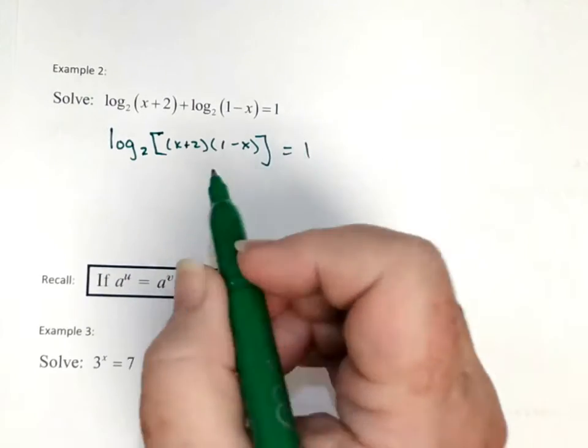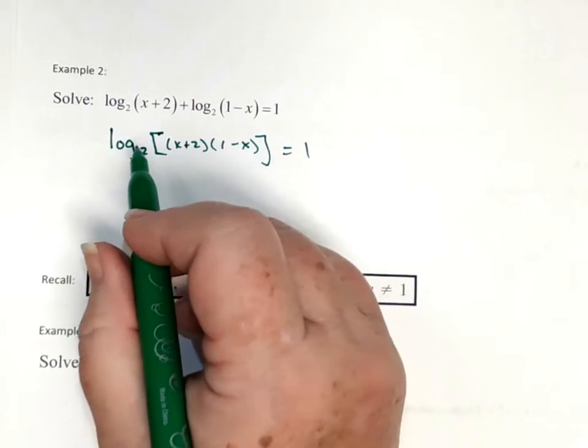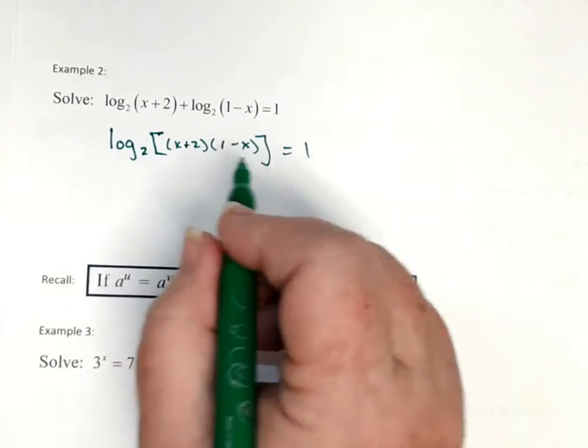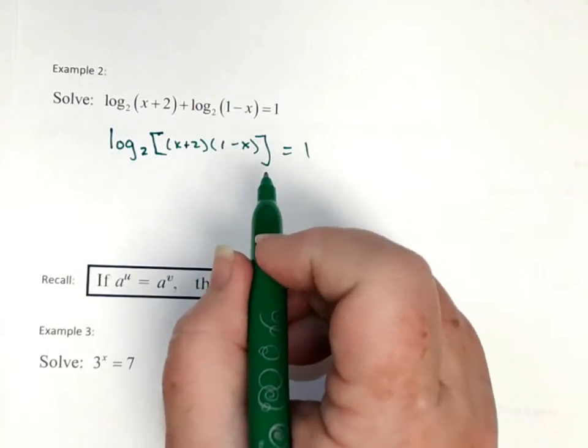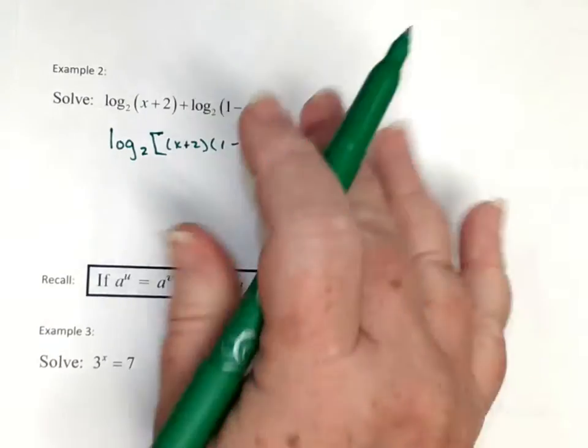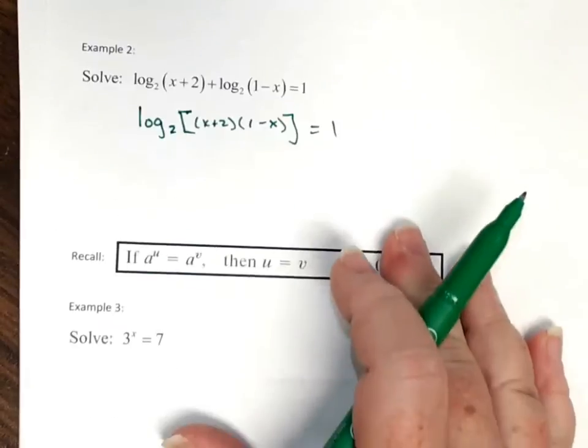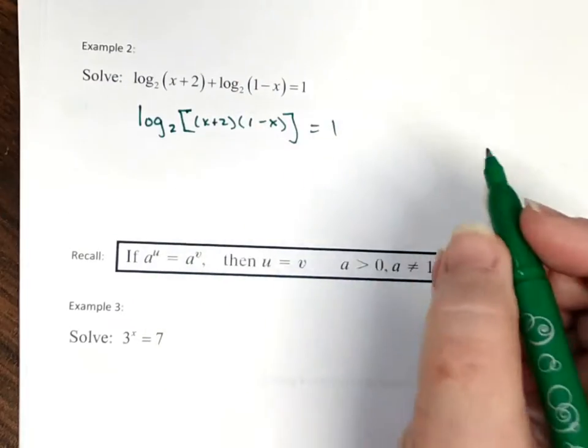And that equals 1. Now the problem here is, even though I have a single term, there's not a log on both sides. So I'm not going to be able to solve this using that common log bases property from before.